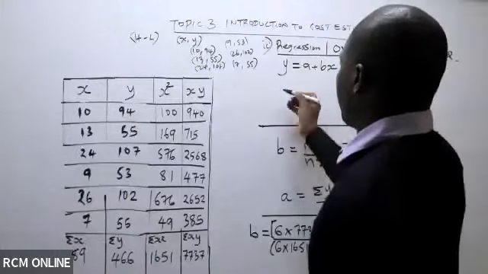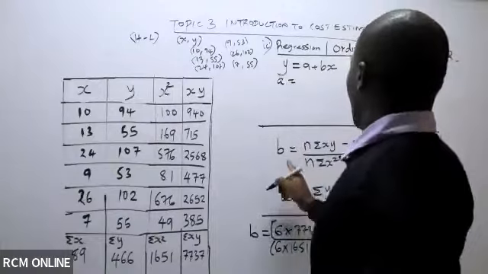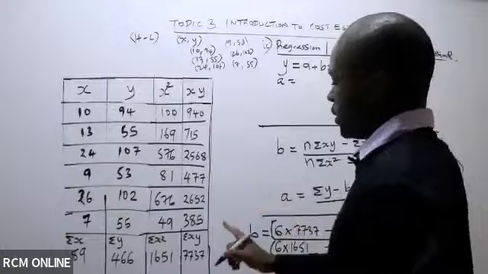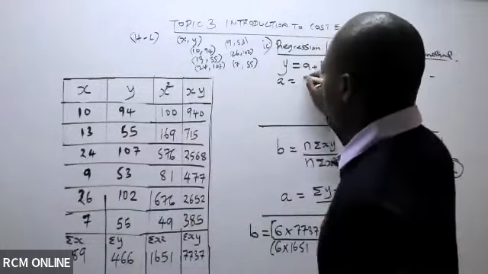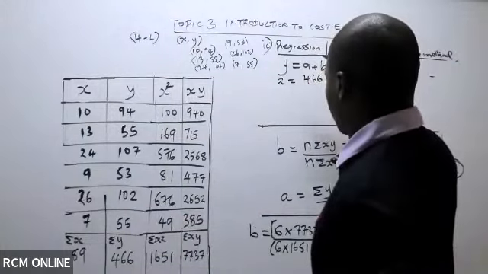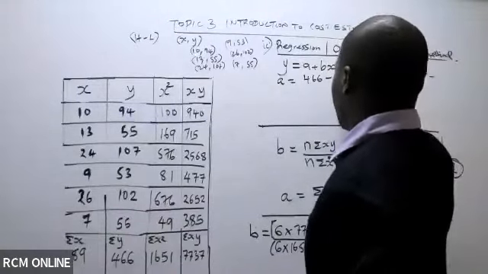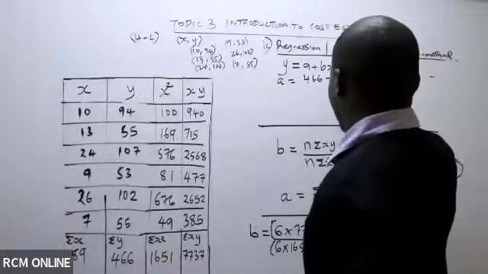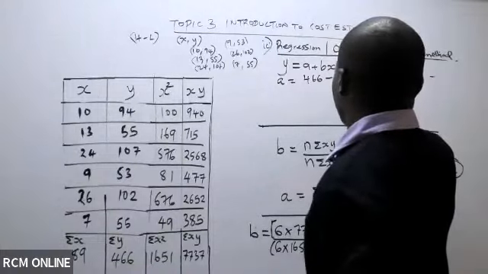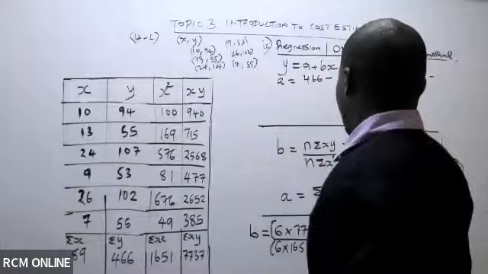So the value of A is equal to the summation of y. The summation of y is here, 466, minus b times the summation of x. So our b is 2.4927, right?